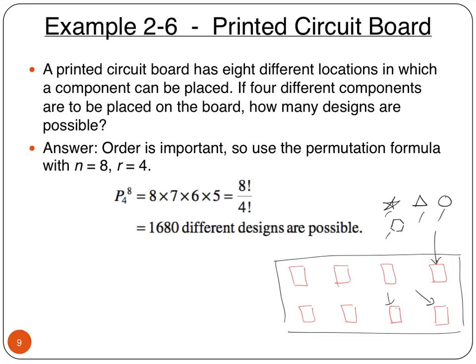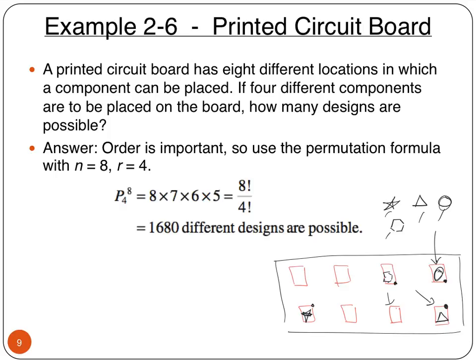Now if you think of this problem, placing the circle, for example, here, and the triangle here, and the hexagon here, and the star here, is different from occupying those 4 places but with different arrangements.